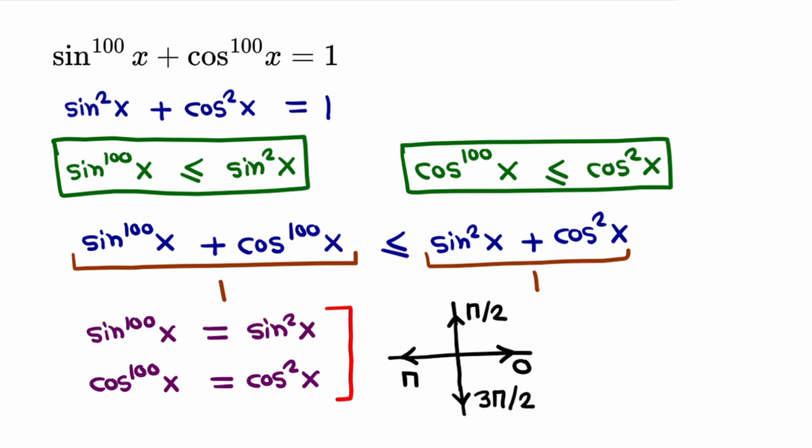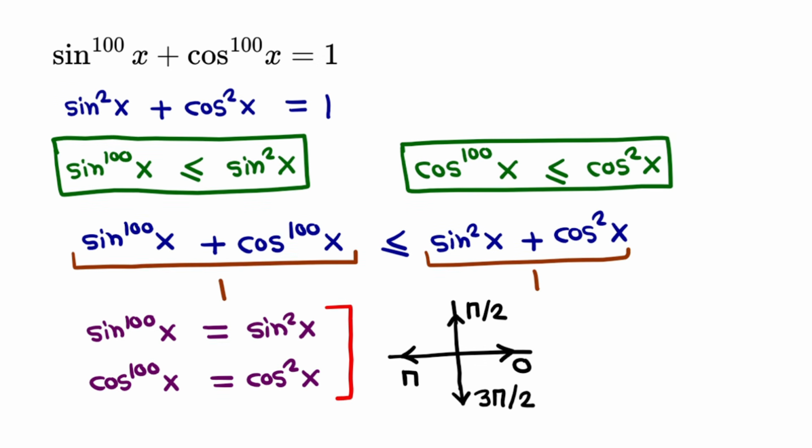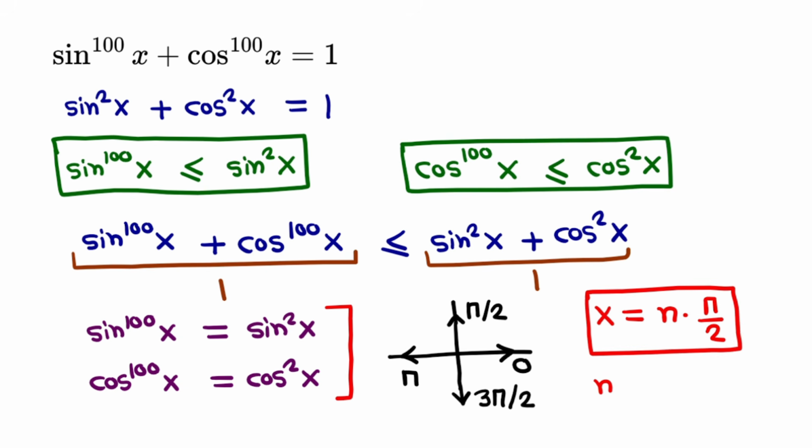On the unit circle, that happens only at the 4 quadrant angles: 0, pi over 2, pi, and 3 pi over 2. Putting all of those together, the complete solution is x equals n multiplied by pi over 2, where n is any integer.